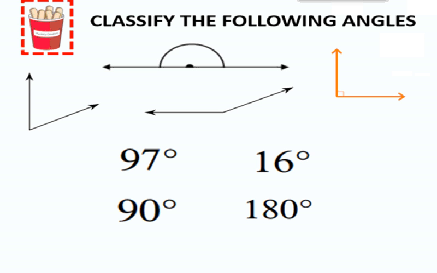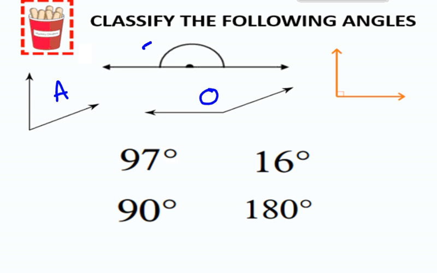Okay, please take a moment and classify those 8 different angles up there. All right, so if you said this one was acute, you were correct. This one was obtuse.